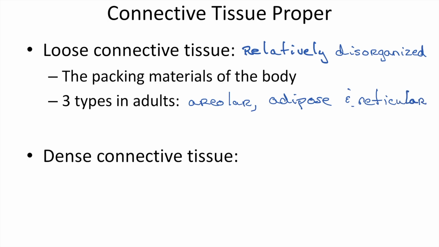And all 3 of these are kind of the packing peanuts of the body. They fit into empty spaces. Dense connective tissues tend to be tightly packed and more highly organized.